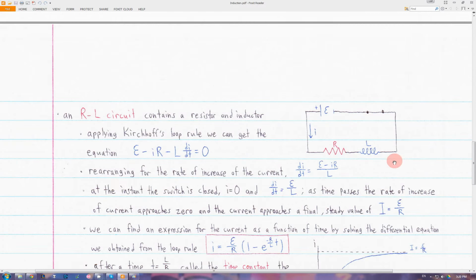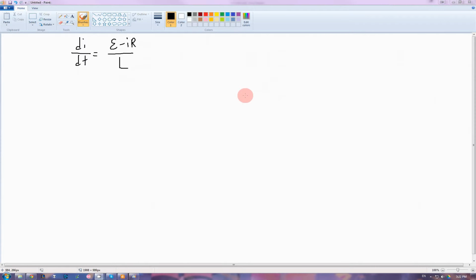Now we're going to find an expression for the current as a function of time by solving this differential equation that we got from the loop rule. To start out, we're going to separate these variables, bring E minus IR to this side, and then the dt to the other side.